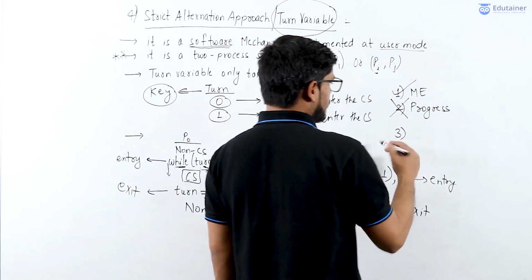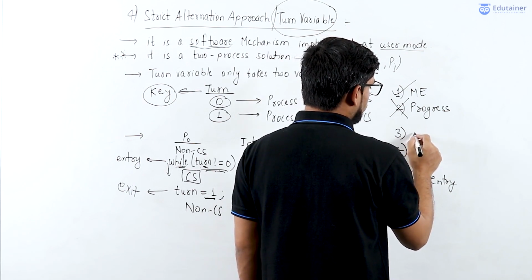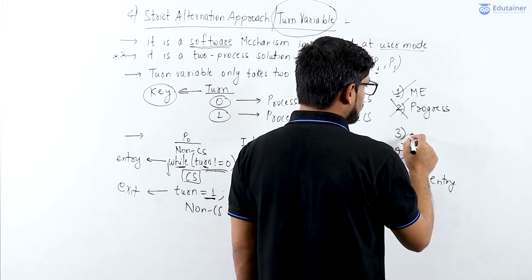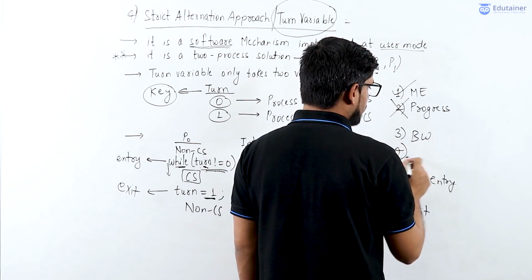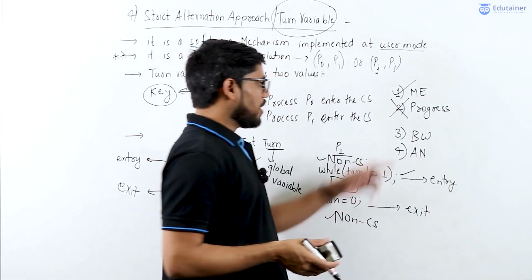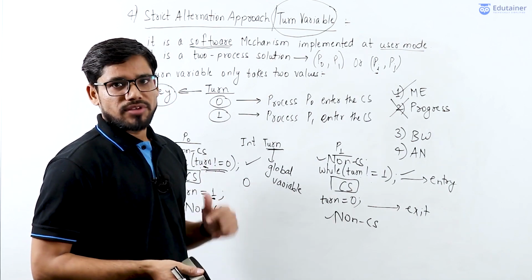And what about the secondary requirements? The secondary requirements are bounded waiting and architectural neutrality. Bounded waiting means no starvation or long waiting.